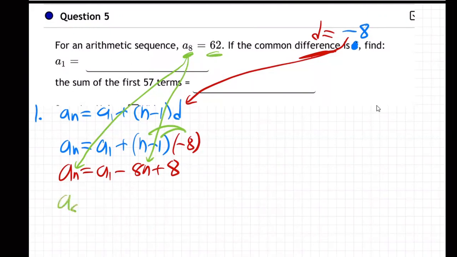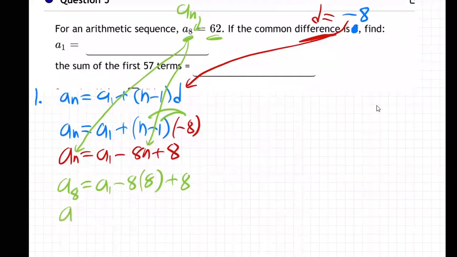So in other words, a sub 8 is a1 minus 8, and then right there, plug in 8. There's a lot of 8s there, I know. I plugged in 8 for n, right? That's what a sub 8 means. Remember, it's a sub n, so the n is 8 there.